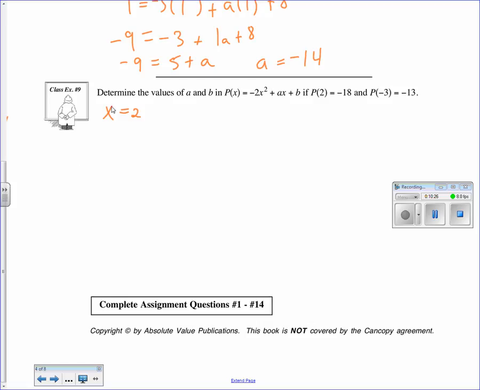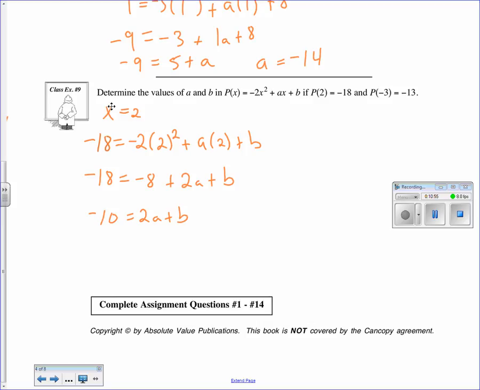So I'll work in red first. Negative 18 is equal to negative 2 times 2 squared plus a times 2 plus b. So that's negative 18 equals 2 squared is 4 times negative 2 is negative 8 plus 2a plus b. Add 8 to both sides, that's negative 10 is equal to 2a plus b.